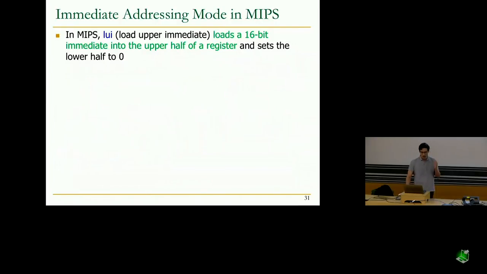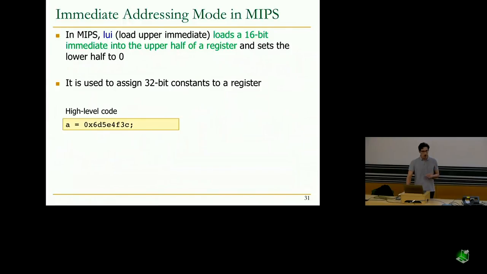It is called load upper immediate, and here we are not going to use PC relative addressing. Here we store directly some immediate, some literal, into the 16 most significant bits of one register, the destination register.